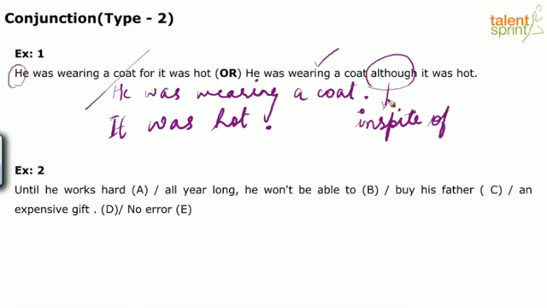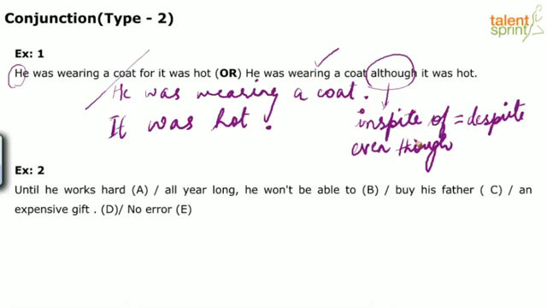We do not say "despite of." We say in spite of, which is equal to despite, or we can say even though. Even though it was hot, he was still wearing a coat. Now this is showing a contrast.